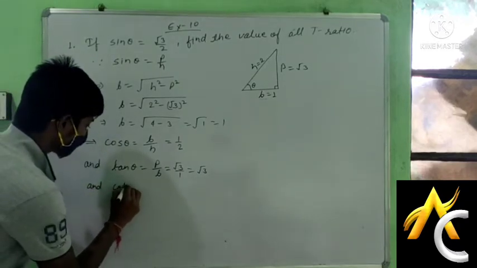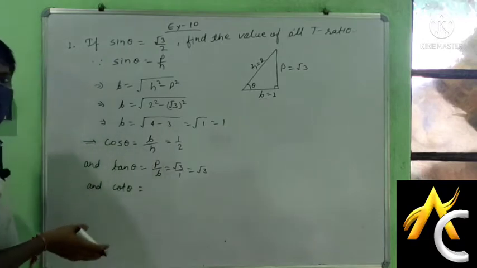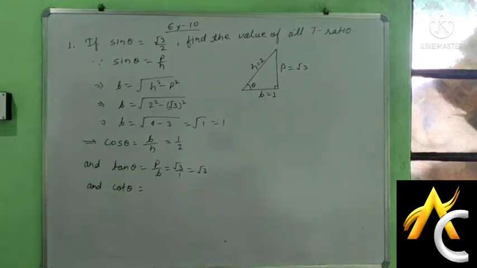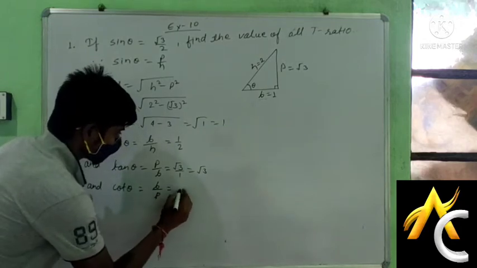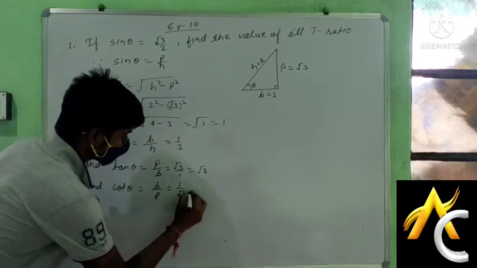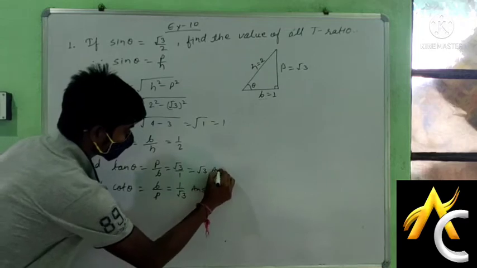And cot theta, as you know that cot theta is inverse of tan theta or B by P, so it will be B by P is equal to 1 by root 3. This is your answer.